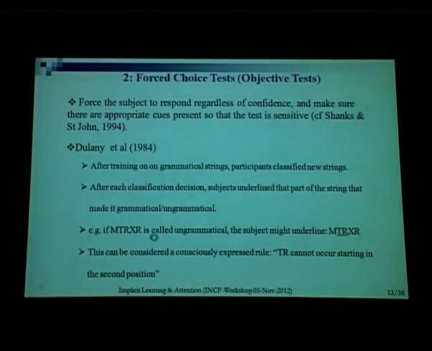After each classification, subjects underline the part of the string that makes it ungrammatical. For example, if TR is what is ungrammatical, they outline that this is what makes it ungrammatical. For example, TR cannot occur starting in the second location. So this is more objective, and there are several methods of doing this in an objective way.